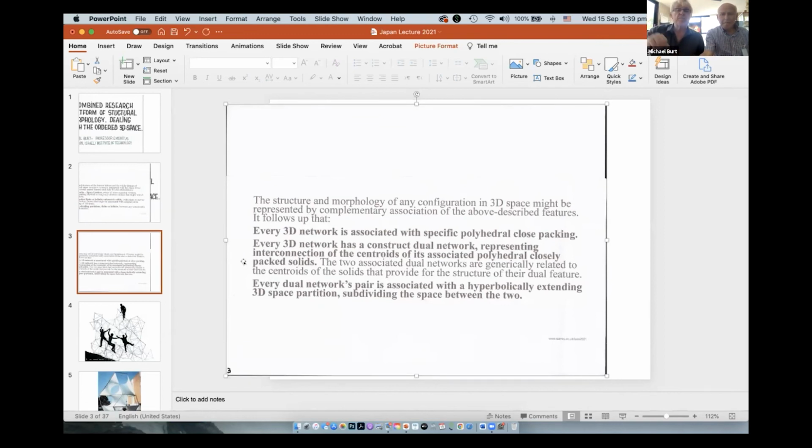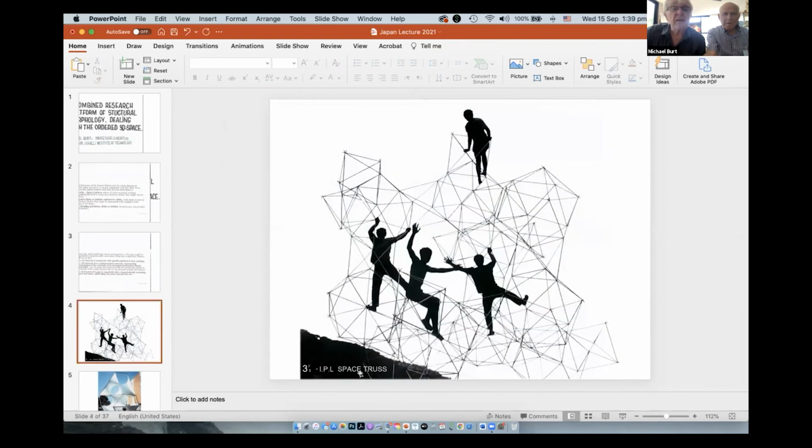Next. Here you see a uniform network, which could be stretched to infinity. All the vertices are identical, all the edges are identical.